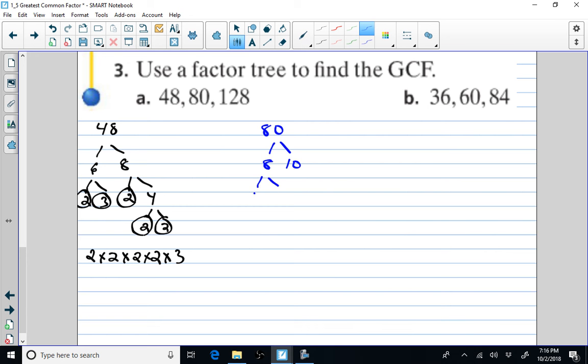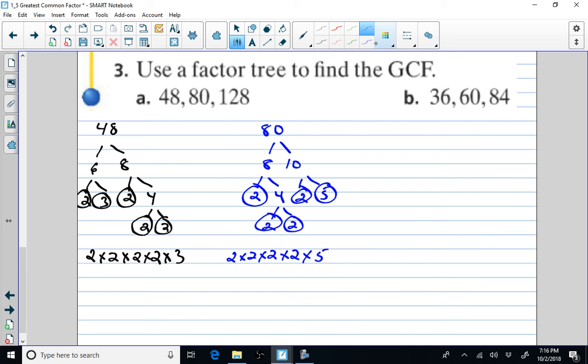Neither is prime. 8 is 2 times 4. 2 is prime. 4 is 2 times 2. Each of them are prime. 10 is 2 times 5. They're both prime. I have 1, 2, 3, 4 factors of 2 again. 2 times 2 times 2 times 2. Then we have times 5.